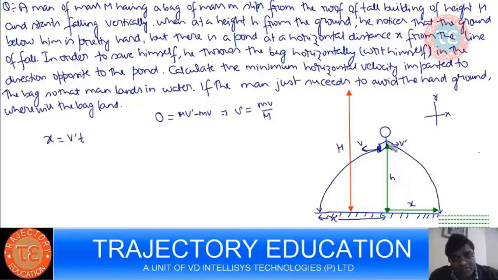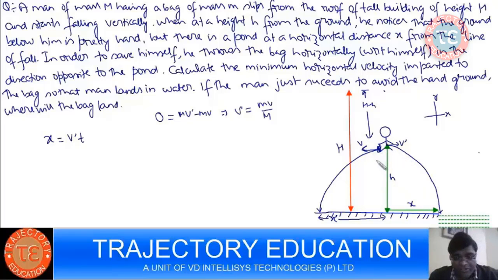When the man is here, he has already attained some velocity. He is falling from this height. Here the velocity was 0. Then he has come to this position. By the time he falls to this position, he must have gained some velocity. He has fallen by a distance of h minus small h, and in that process he must have attained some velocity in the vertically downward direction. So what should be the time taken by the man to travel the distance of small h? In the whole process, the vertical component of the motion is undisturbed.